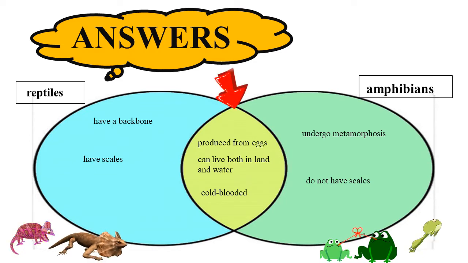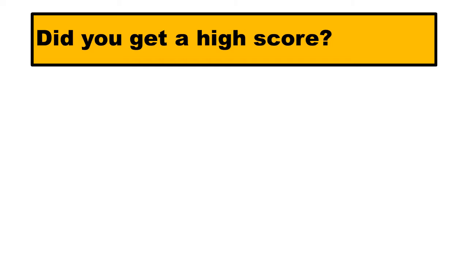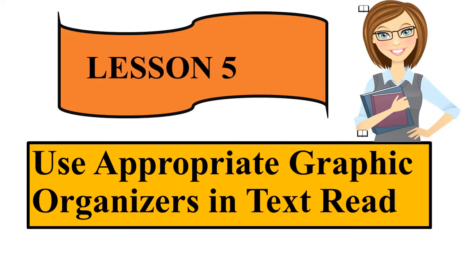And how about the similarities? Produced from eggs, can live both on land and in water, and cold-blooded. Did you get a high score? It's okay. Don't worry, because we are about to go deeper on this topic.